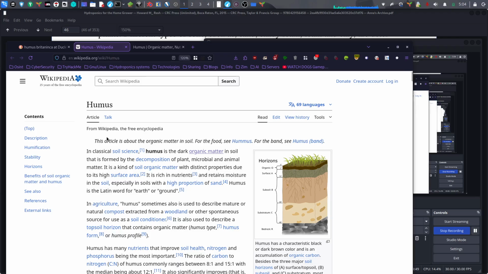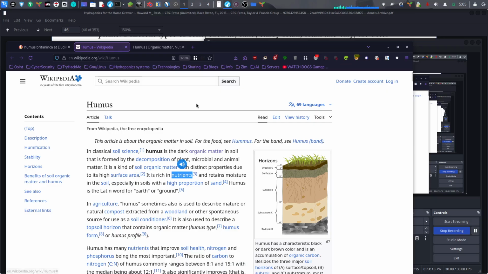In classical soil science, humus is a dark organic matter in soil that is formed by decomposition of plant, microbial and animal matter. It is a kind of soil organic matter with distinct properties due to its high surface area. It is rich in nutrients and retains moisture in the soil.